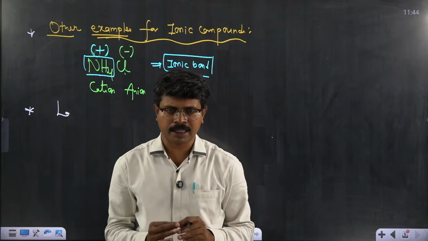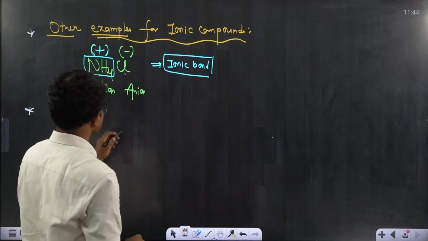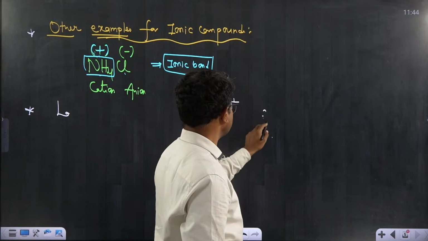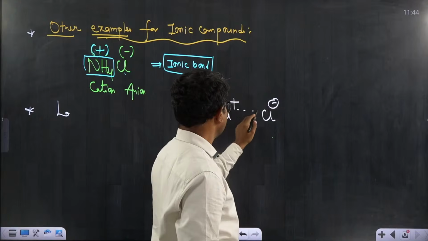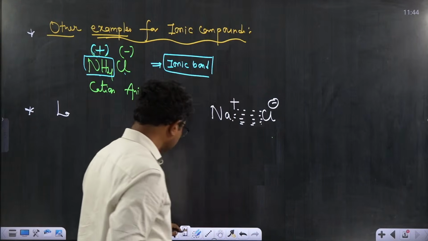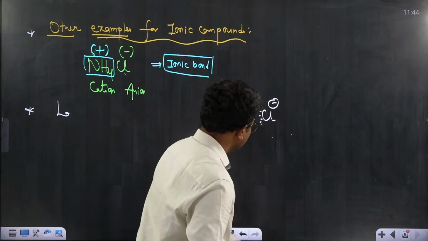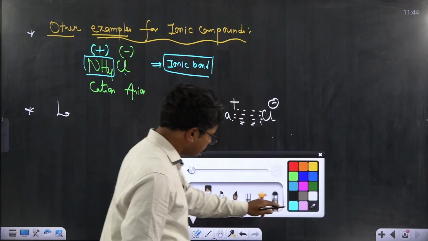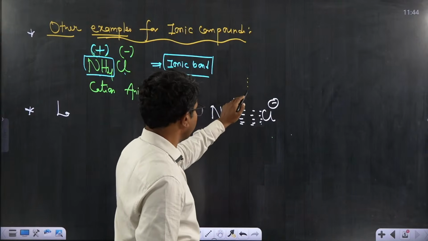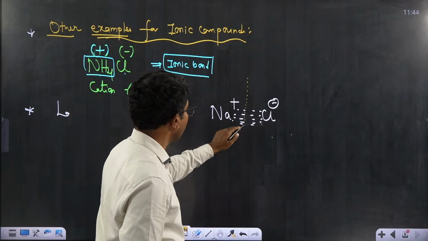I'll define lattice enthalpy. If you consider an ionic bond, consider Na+ and Cl-. Here there is force of attraction between Na+ and Cl-. The energy required to break 1 mole of ionic bond.